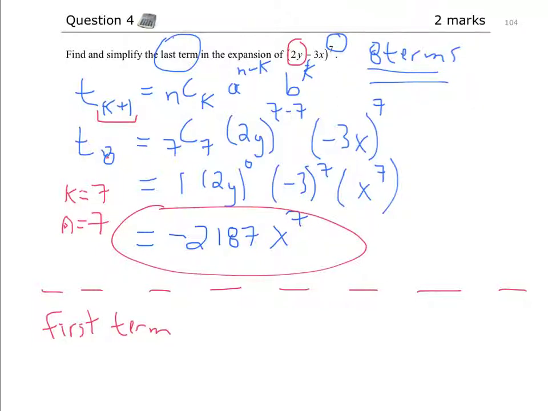So in this case, it will be (2y)^7. If you're asked for the last term, which we are, the shortcut is just take the b term, which is negative 3x, and raise that to the power of 7. Of course, we would get the exact same answer, but I just want to show you that shortcut.